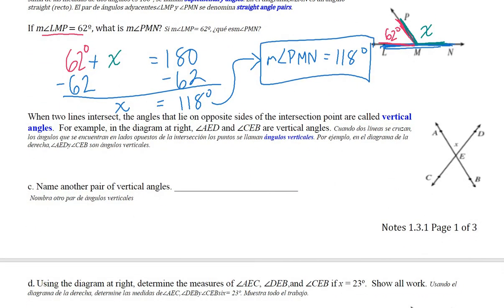Continuing. When two lines intersect, the angles that lie on opposite sides of the intersection point are called vertical angles. For example, in the diagram at right, angle AED and angle CEB are called vertical angles. Let's see if we can name another pair of vertical angles.